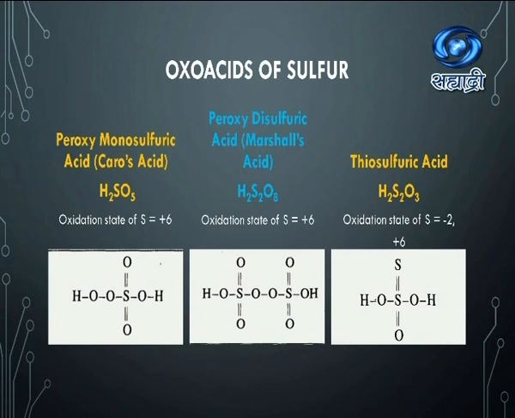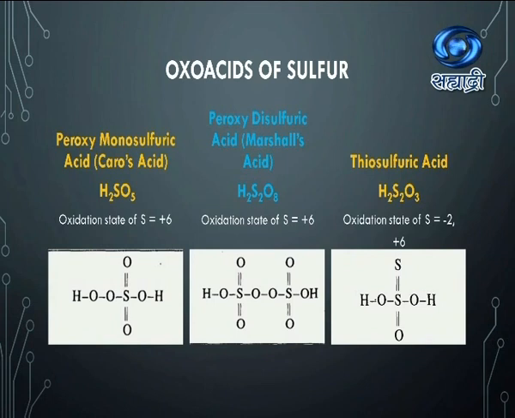Then the next one is thiosulfuric acid. The formula is H2S2O3. Oxidation state of sulfur is -2 and +6. So remember, as there are two sulfur atoms, one sulfur atom exhibits -2 oxidation state and one sulfur atom exhibits +6 oxidation state. So going towards the structure, the sulfur atom at the center is singly bonded with two hydroxyl groups, S-OH bonds.